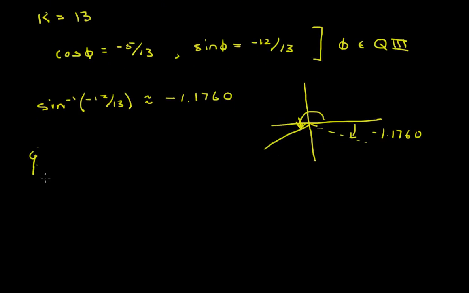Phi will be equal to pi plus 1.1760. And since we're approximating, we'll put an approximation symbol there. And with our calculator, this comes out to 4.3176.